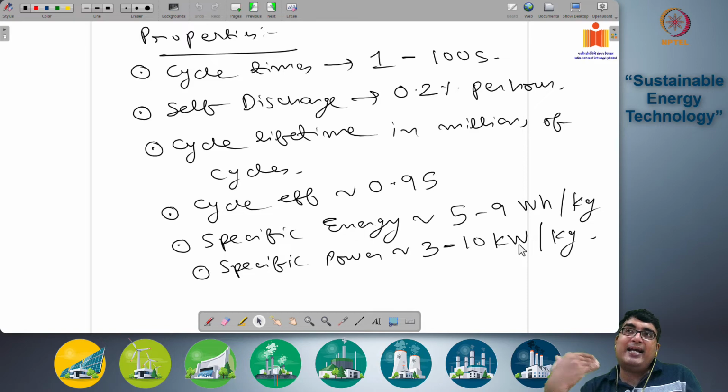So that's the rate at which 1 kg of ultracapacitor material can absorb or transport electricity to and from a grid. Okay, so it's a very fast responding capacitor with very good cycle life, almost unlimited cycle duration, very good cycle efficiency, very good specific energy, and very high specific power. It can transmit the charge electricity at very high rates.